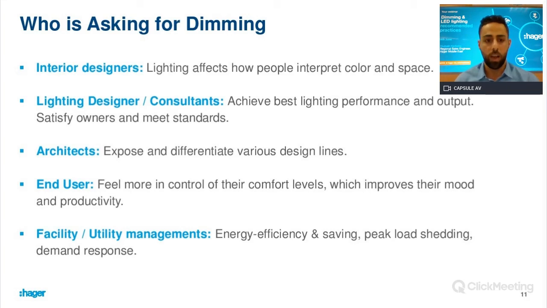So this is how it concerns end users. Facility and utility management, of course, want energy efficiency and saving, peak load shedding, and demand response. So they use dimming techniques to accomplish these topics.